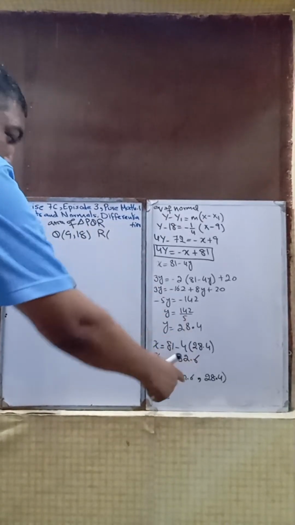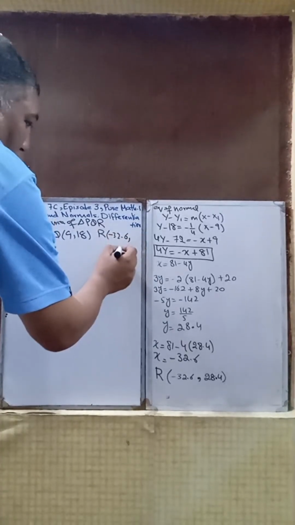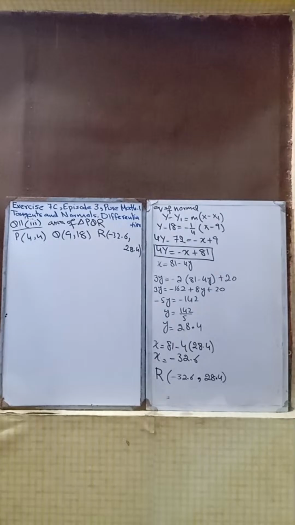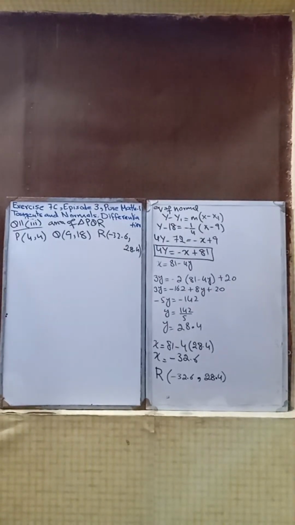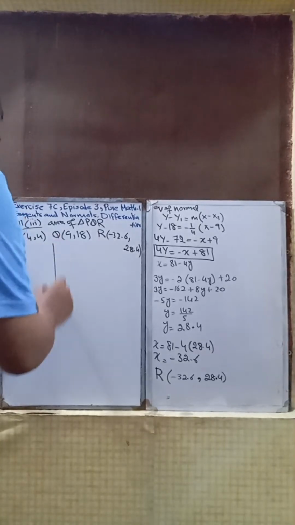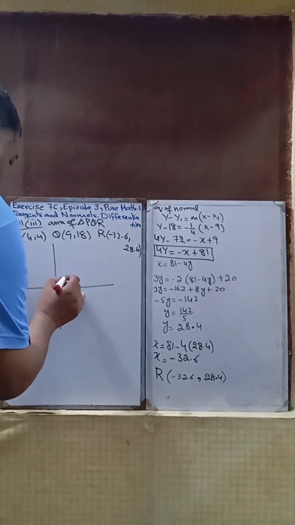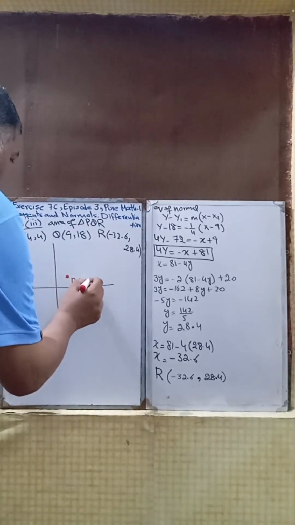we just calculated there, (-32.6, 28.4). So we have to find out. Okay. So if you draw this, and I'm not going to make it according to the scale, I'm just going to represent it. So the point P is somewhere here. This is the point P, which is (4, 4).